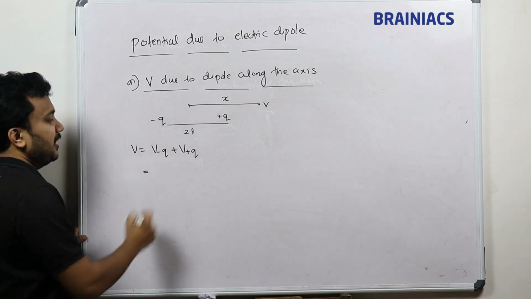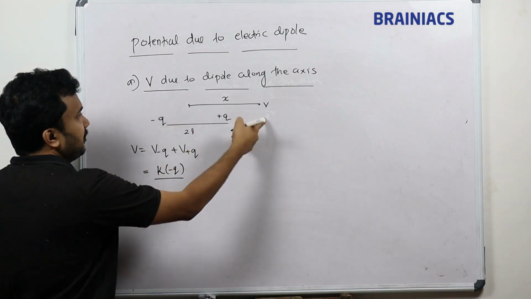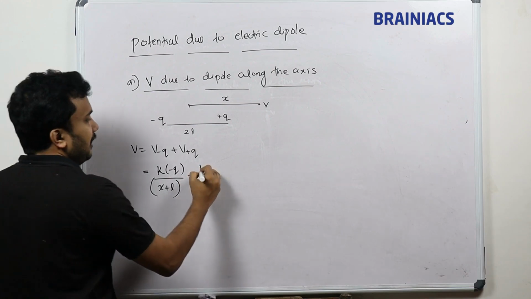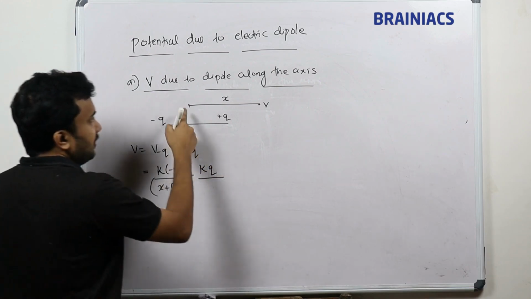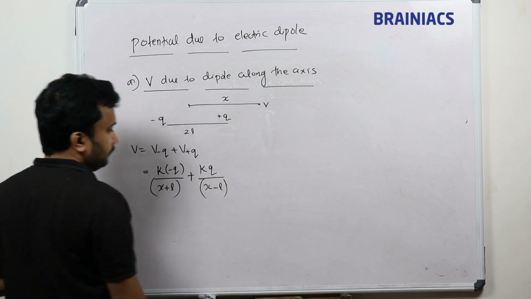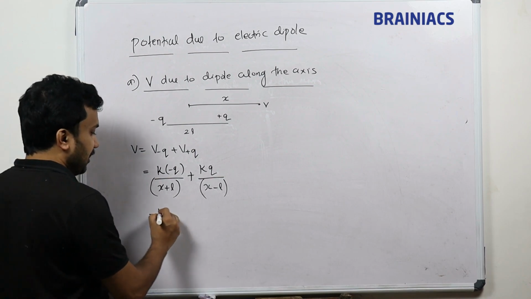What is potential due to minus q? k into minus q divided by the distance from here to here, x plus L, and plus k into q divided by the distance from here to here, x minus L. This is the potential due to each of these charges.